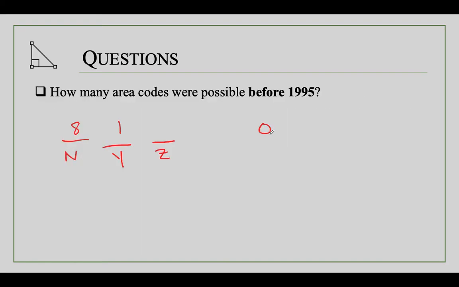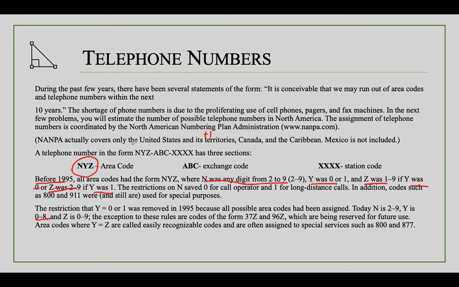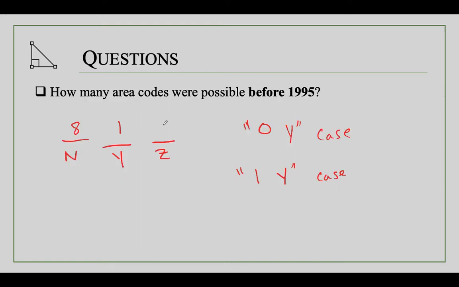Yeah, this is my 0, Y case. And then we'll look at our 1, Y case. So when Y was 0, that means I have only one option for Y. That means Z is 1 through 9. So 9 minus 1 is 8, plus 1 is 8.